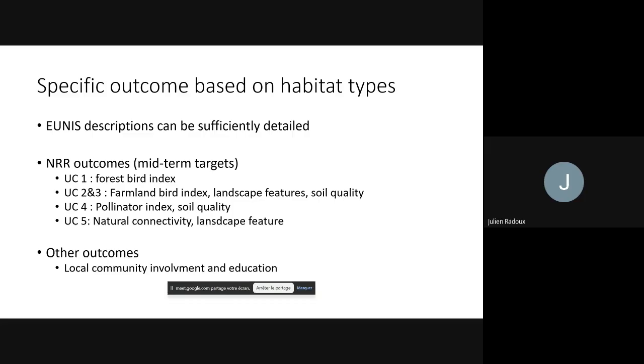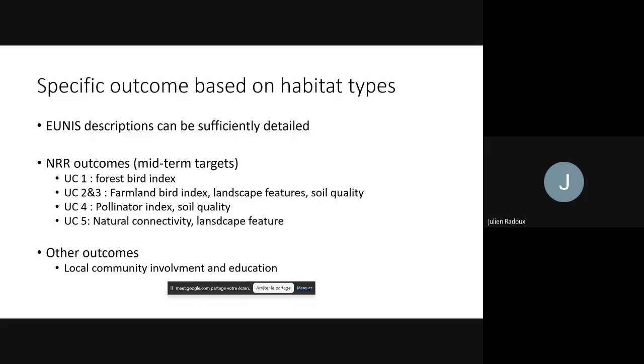And use case 5 is more about connectivity. Restoring the natural connectivity is a big topic for the river. And along the river, we also have a lot of landscape features that are visible outcomes. I would say that another outcome, and a very important one, is local community involvement and education.